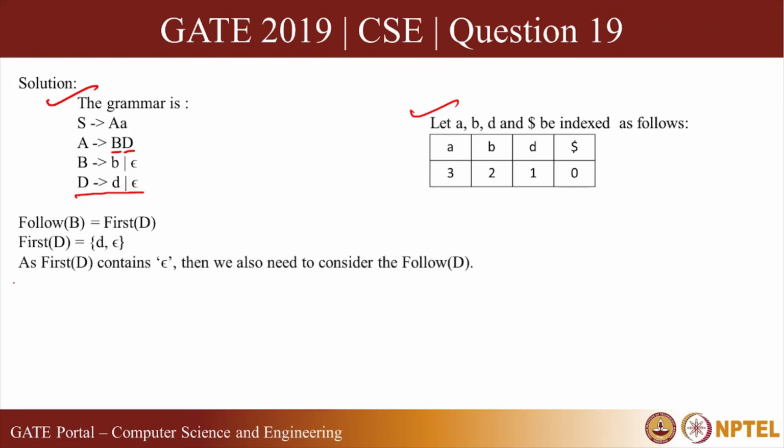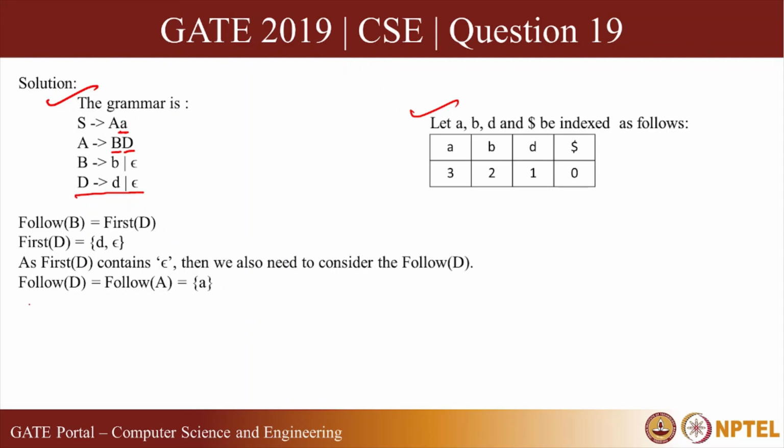Since first of D contains null, we also need to consider the follow of D. First of D is giving null, which means whatever terminals come after D can also come after B itself, right? So we'll look into the follow of D. As per the rules, follow of D means follow of A, and after capital A, what is coming?